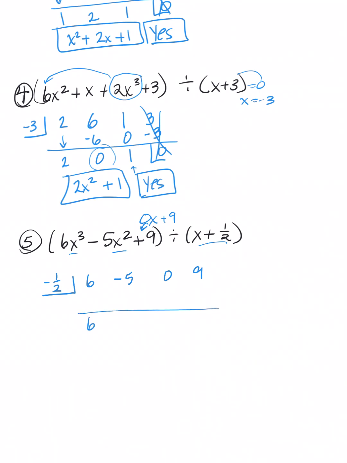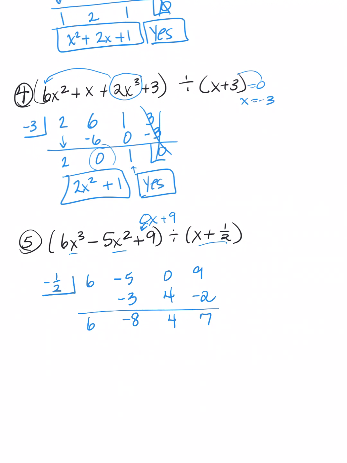Bring the 6 down. 6 times -1/2 is like dividing by -2. So 6 divided by -2 is -3. Add them, I get -8. -8 divided by -2 is a +4. 0 plus 4 is 4. 4 divided by -2 is a -2. So this gives me a remainder of 7.